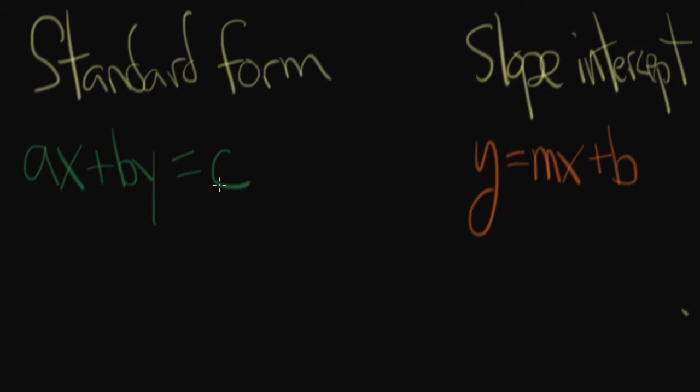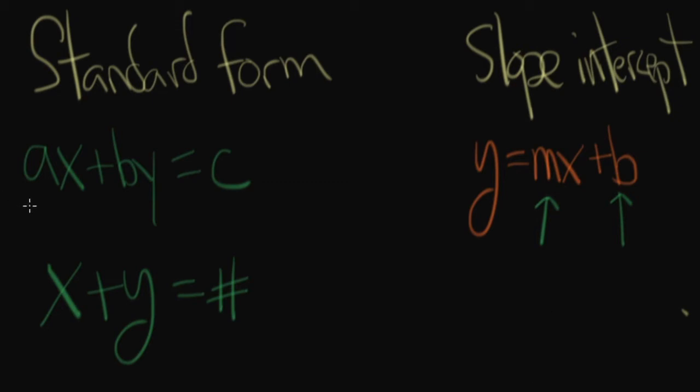It's ax plus by equals c, which, if I'm a student, I'm like, why are there so many letters? The student version is just x plus y, so get your x's and y's on one side, and just have it equal a number. That's what you really want to do for standard form. Whereas in slope-intercept form, you're talking about having the slope and the y-intercept, and that's going to help you graph really quickly.